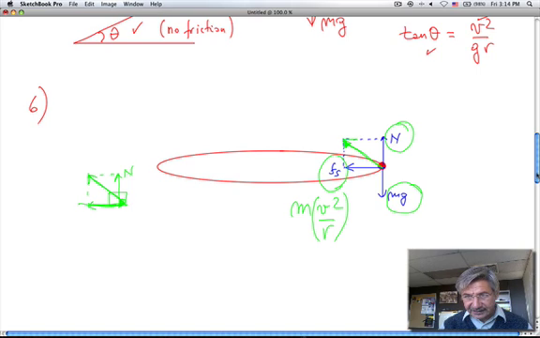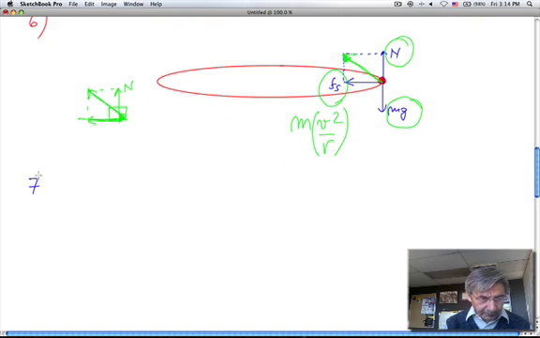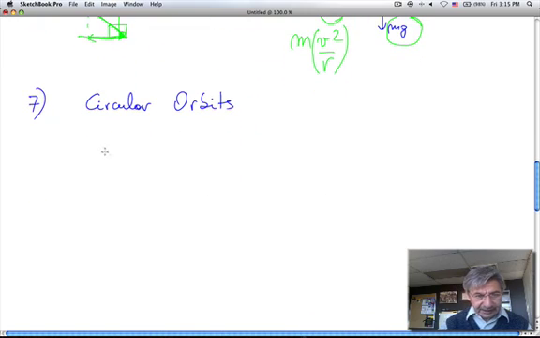Let's go to number 7. Number 7 is circular orbits. So in circular orbits, we did the following. We said that if an object is circulating around a very heavy one, like the Earth around the Sun, or the Moon around the Earth, or a satellite around the Earth, this is the mass of the satellite.